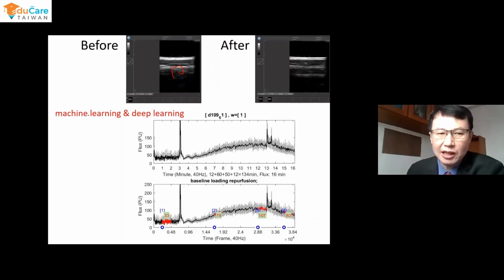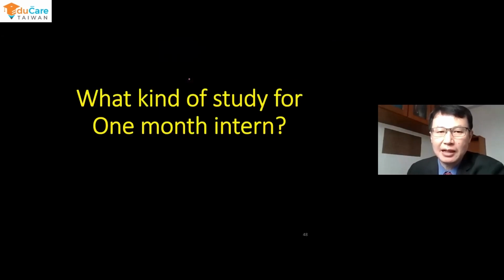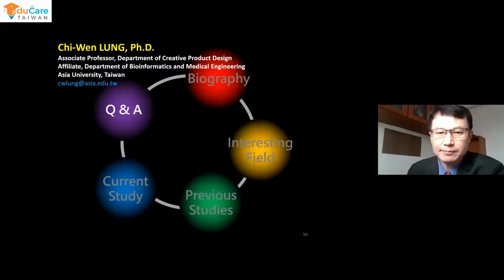I hope the student can use machine learning or deep learning, using regression, to predict the microcirculation value from the ultrasound image. Or we can use deep learning to detect what locations would be different. So that is the 1 month intern. I hope students can do that.